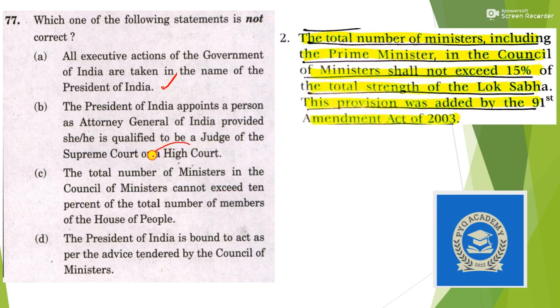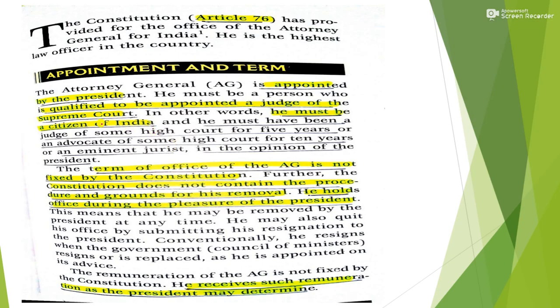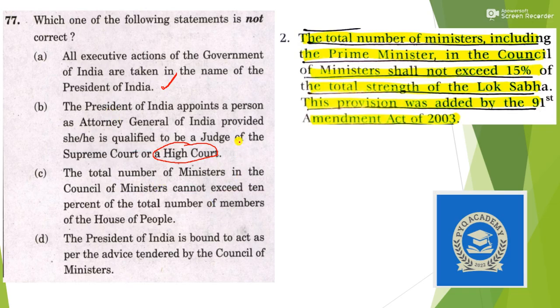No, here it is wrong because you have read here that the person is qualified to be appointed as a judge of the Supreme Court of India, not High Court. So this is wrong. The total number of ministers in the Council of Ministers cannot exceed 10% of total. So actually this statement is also wrong.